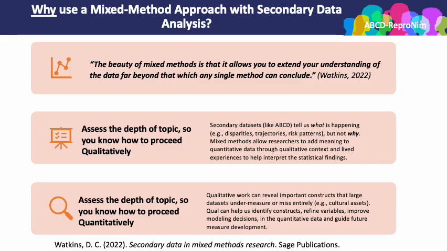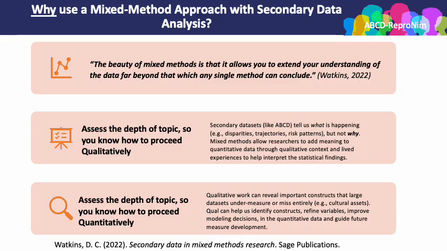So now, Dr. Watkins makes several points about why use a mixed method approach with secondary data. Using that secondary data set will save you time, money, and allow you to use an existing resource. But it also allows you to still be able to assess the depth of a topic, so that you're either going to get more information and learn how to proceed with your qualitative study, or be able to know how to proceed with your quantitative study.